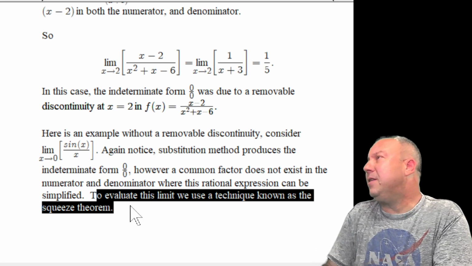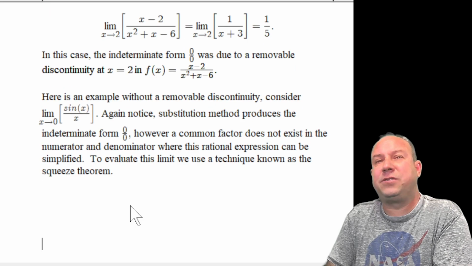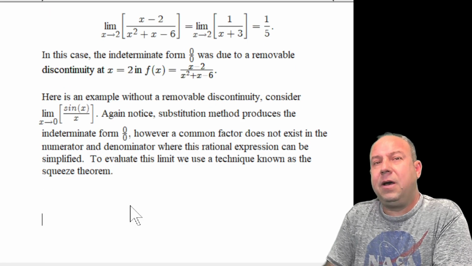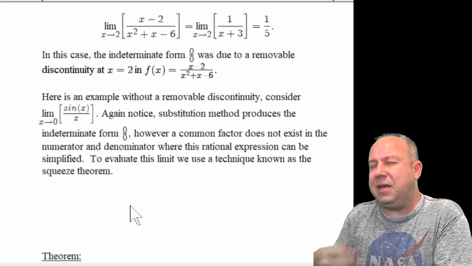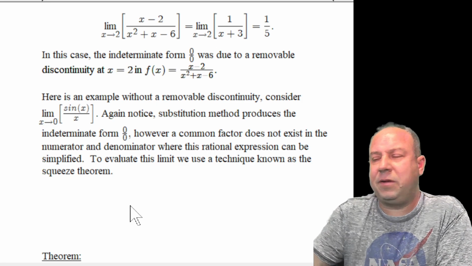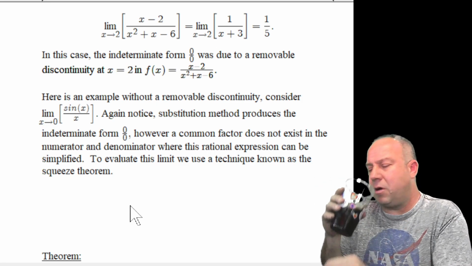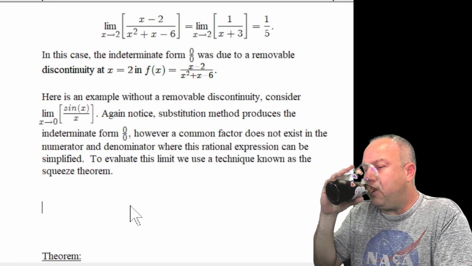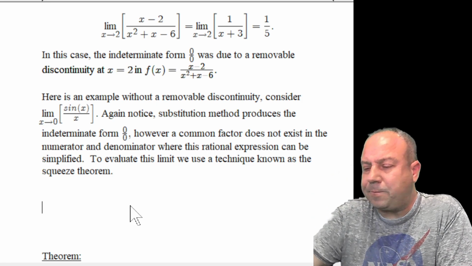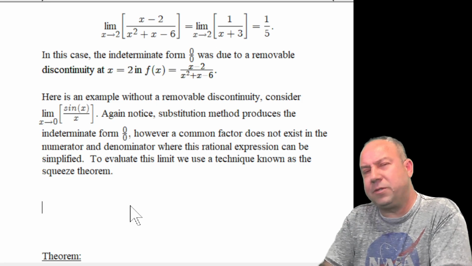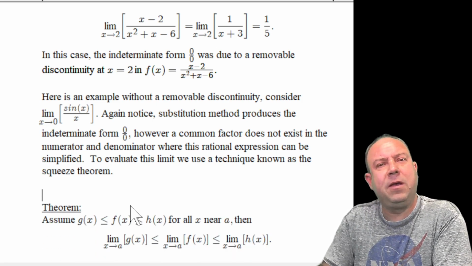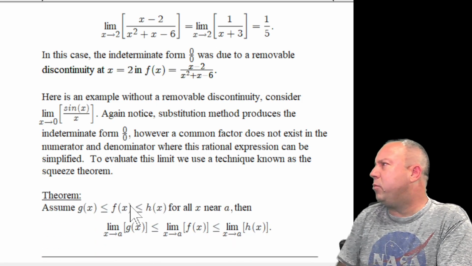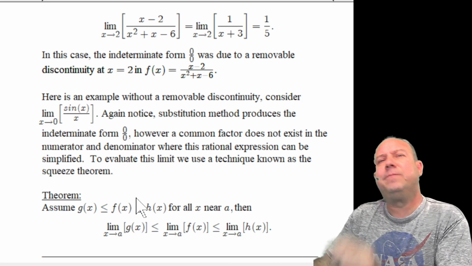All right. This is usually a good spot to talk about the squeeze theorem. When introducing ourselves to this indeterminate form, 0 over 0, and how in purely rational forms, when we encounter it, we have the case for a removable discontinuity.